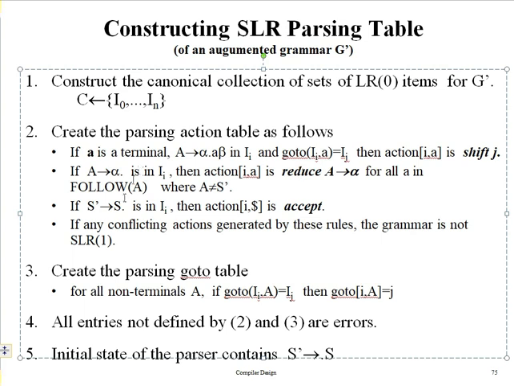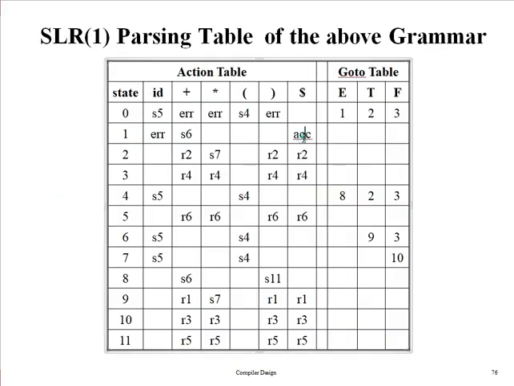But if the final item is the one by which we augmented the grammar, then we should fill the accept action under the $ sign column on row I1. That's why we have added accept under the $ sign on row 1.